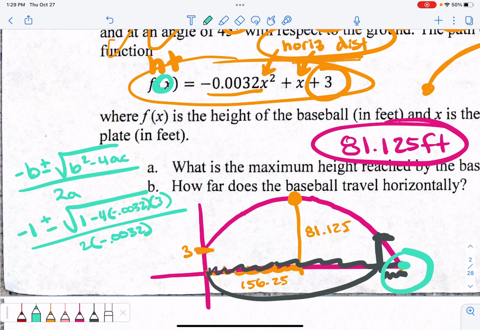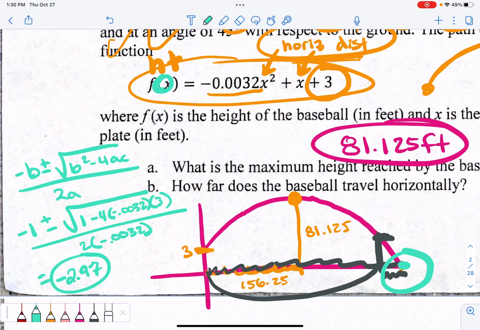Negative 1 plus the square root of 1 minus 4 times negative 0.0032 times 3, all over 2 times negative 0.0032, and we get negative 2.97.